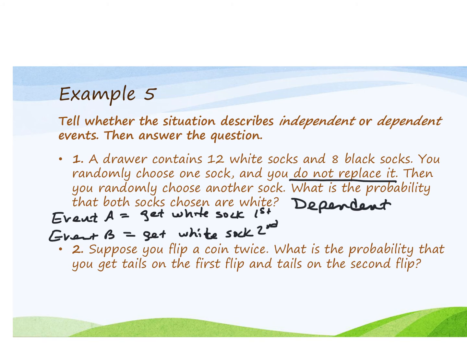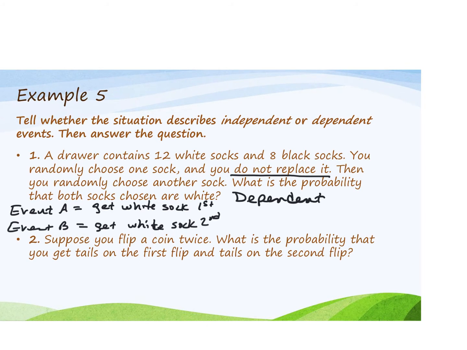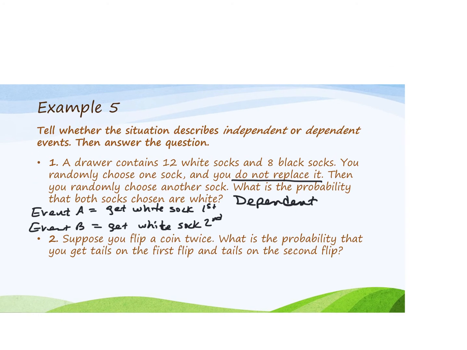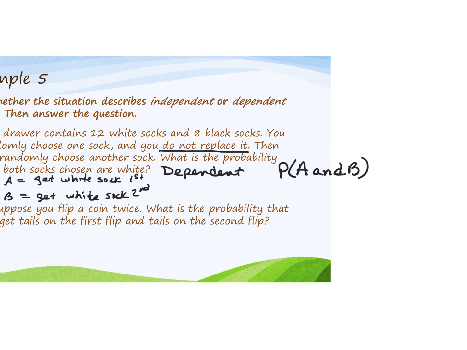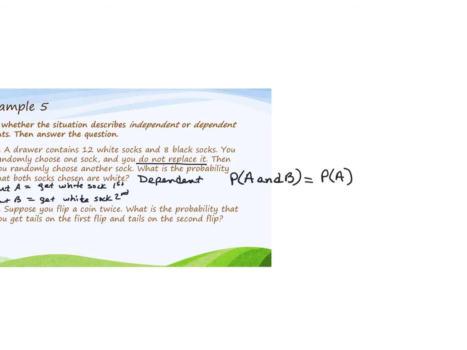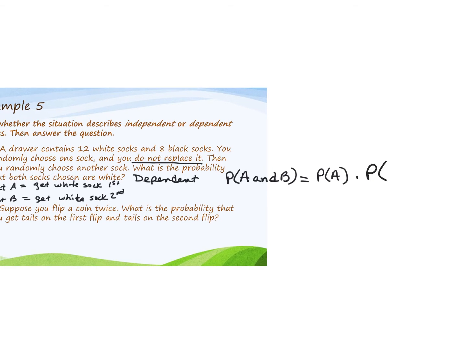So because it's dependent, the formula I'm using, the probability of both event A and event B happening, because it's dependent, I do the probability of A times the probability of B given that A happened.